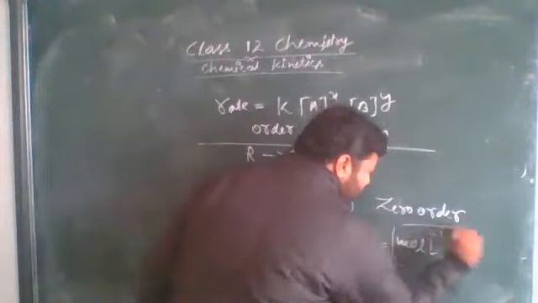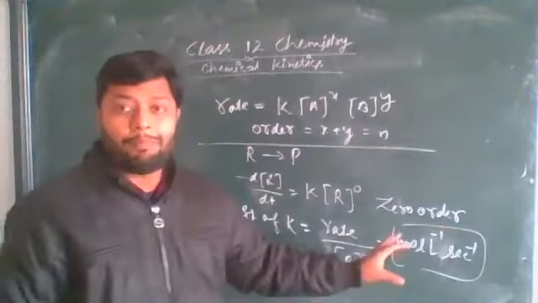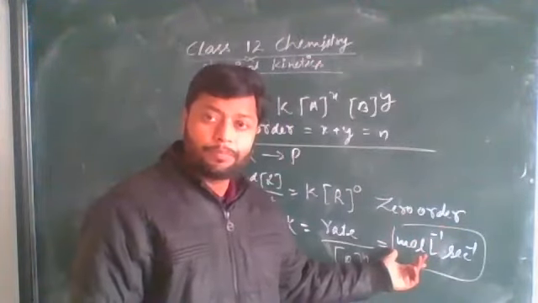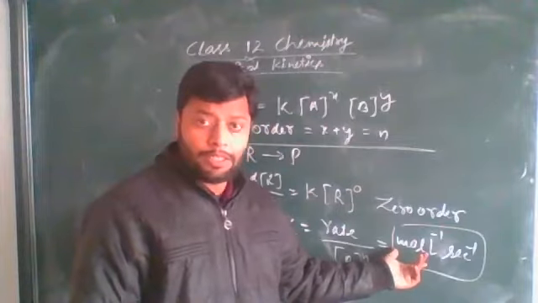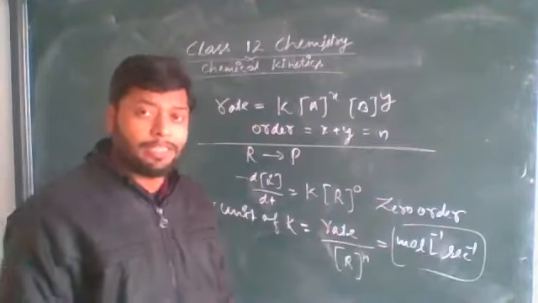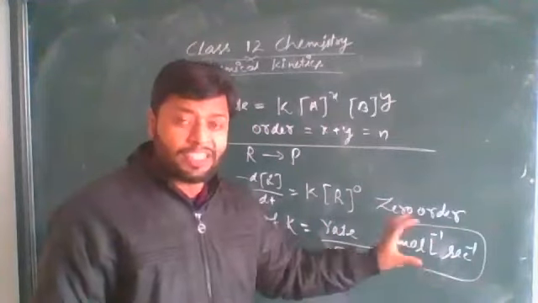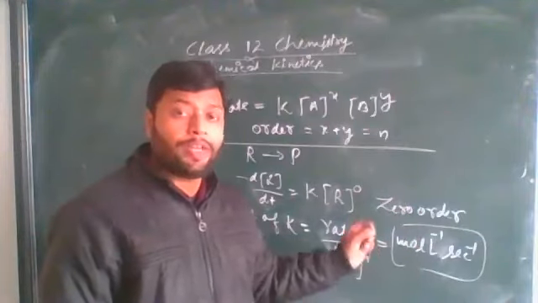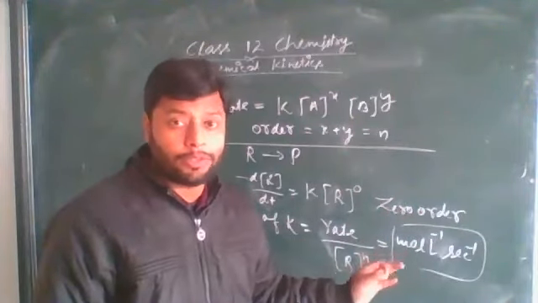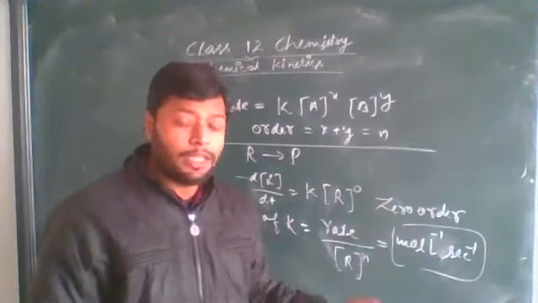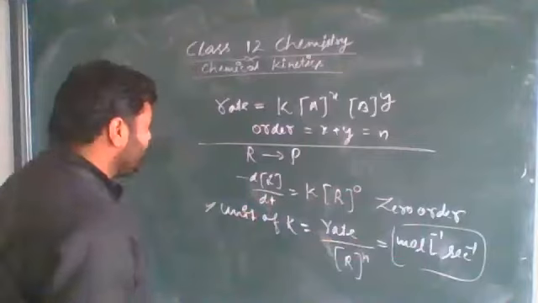With the help of the unit, you can determine the order of reaction. Sometimes in numericals the unit value is given, and with its help you can identify which order of reaction they are asking about. Mole per liter second inverse is the unit of the zero order. The same way, you can write for the first order.